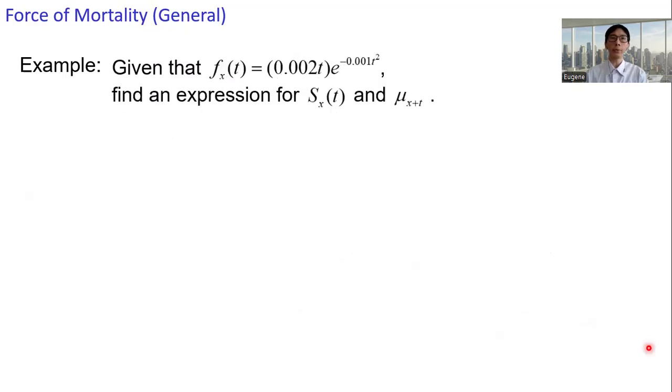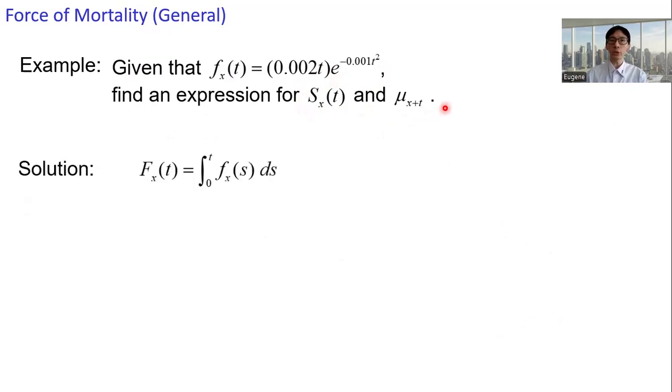The next example, given the density function fx of t equals 0.002t times e to the power negative 0.001t squared, we are asked to find the expression for the survival function Sx of t and the force of mortality mu x plus t.